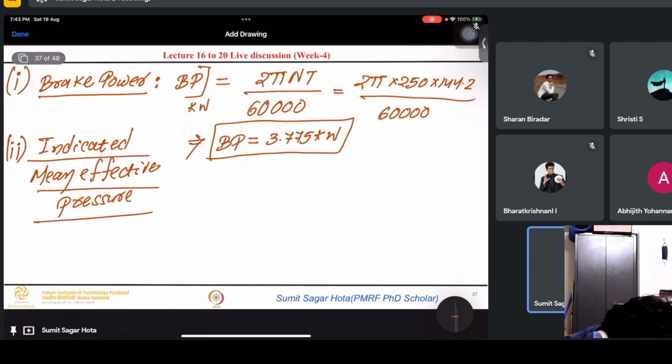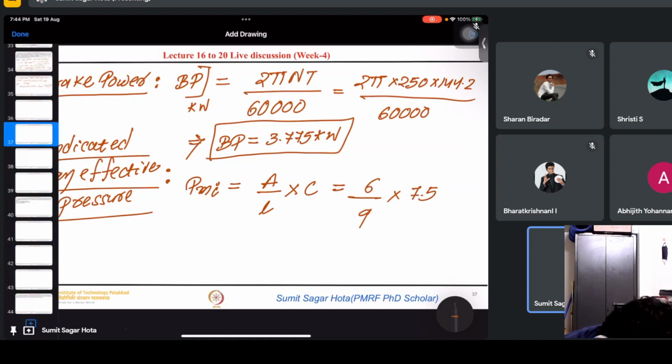Okay. So PMI is equal to A by L into C. What is A given? 6. What is small L given? 9. What is C given? 7.5.